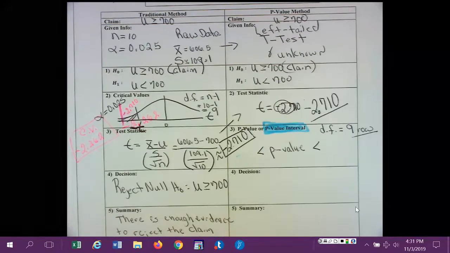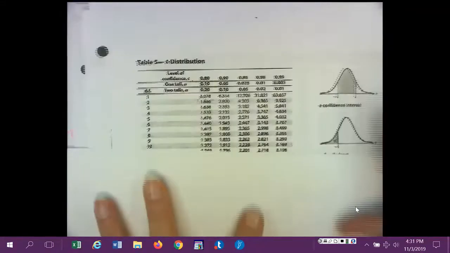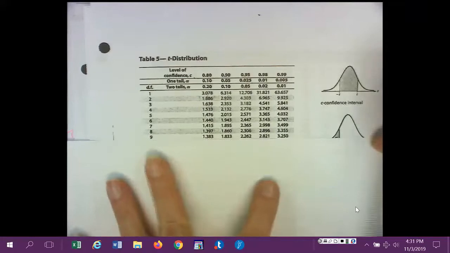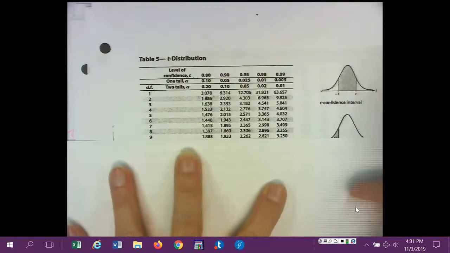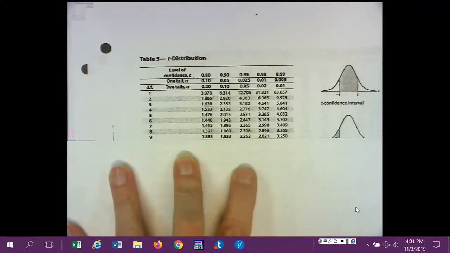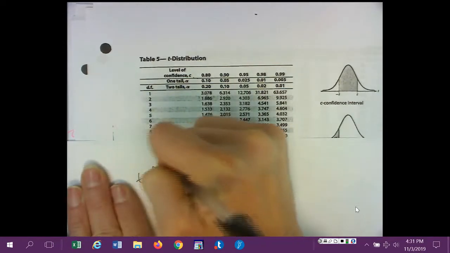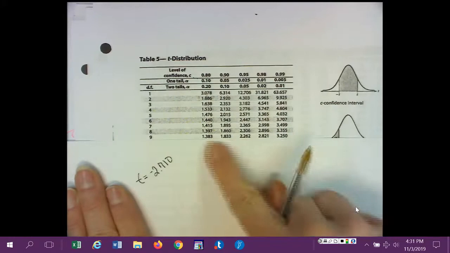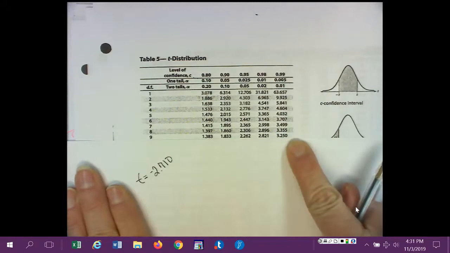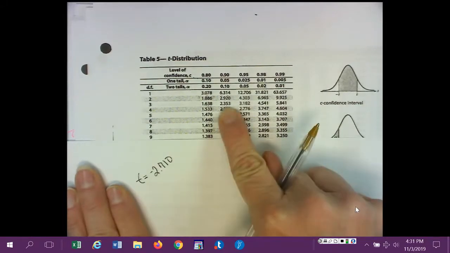You first begin by blocking off row 9, and make sure you're in the t-table. What you're going to do is think about the fact that your test statistic was a negative 2.710, and all of the numbers across this row are positive. All the numbers in the t-table are positive.